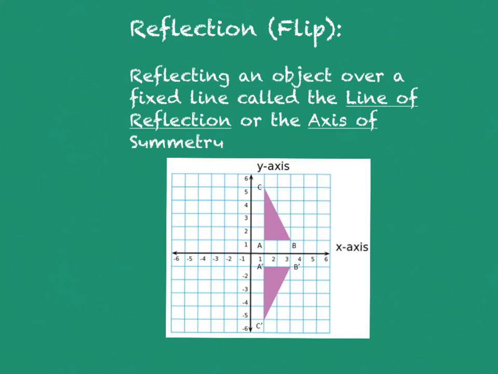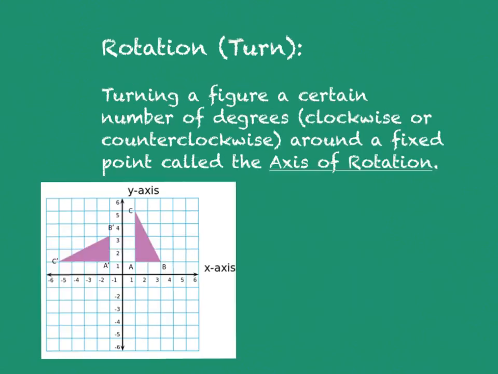But you can see that point C would not follow that same rule as it was moved down to C prime. So there was a horizontal line here. It's actually the x-axis where we reflected the pre-image triangle ABC over the axis of symmetry or the line of reflection, the x-axis, to form the new image triangle A prime, B prime, C prime.